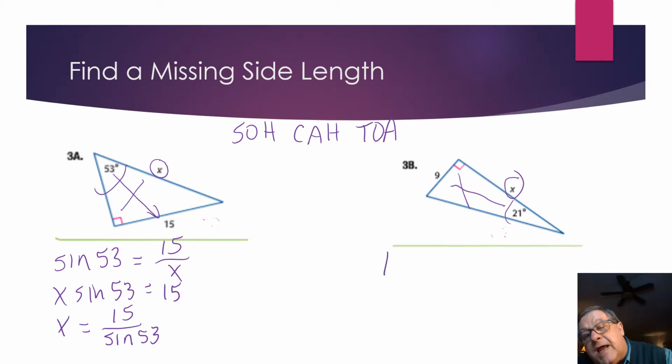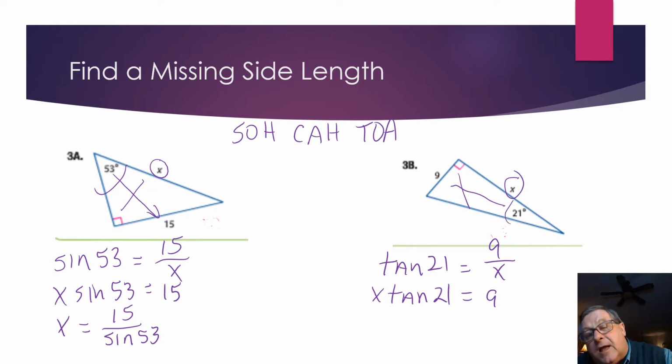Opposite, adjacent, oh, sounds like a tangent. So I see the tangent of 21 is then going to equal 9, which is the opposite, over the adjacent side. And once again, we're going to multiply by x both sides. Now we got x times the tangent of 21 equals 9.